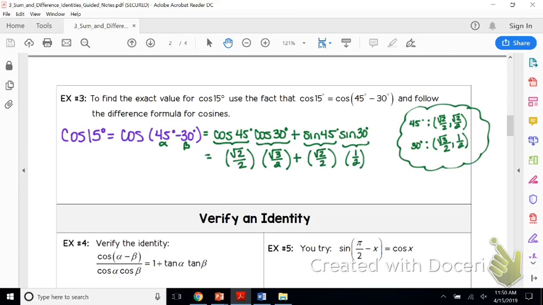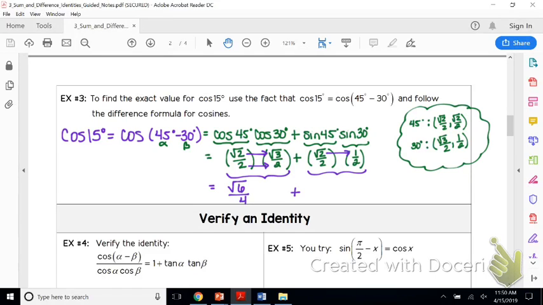Now how do we multiply fractions? Straight across. So when I multiply these first two here, what's the square root of 2 times the square root of 3? Square root of 6. Over, what's 2 times 2? 4. Okay, plus, we're going to do the same thing over here.